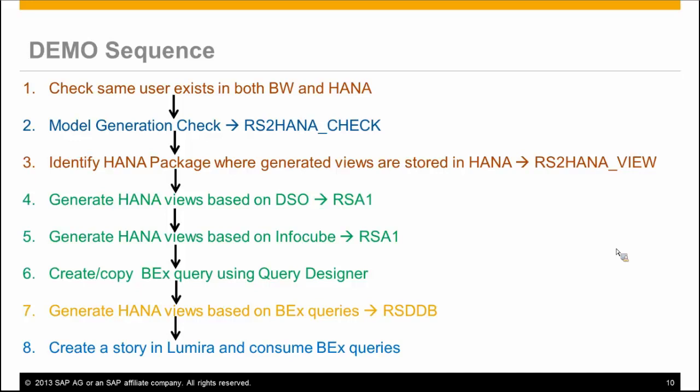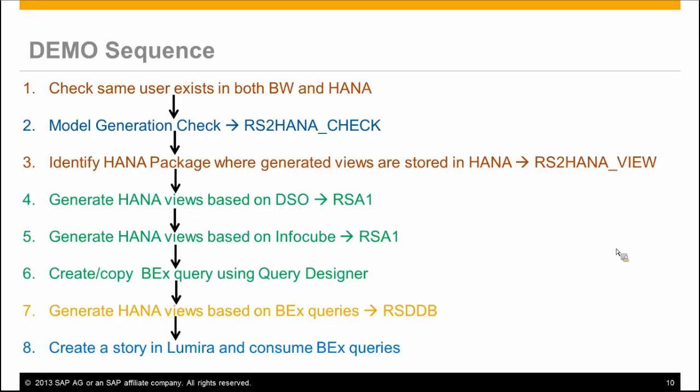It is important because as of BW 7.4 SP5, the authorizations, analytic privileges, or roles get generated on the HANA side when you generate this HANA view. It's automatically done and it is specific to the user which you are using. So it's important to keep that in mind.